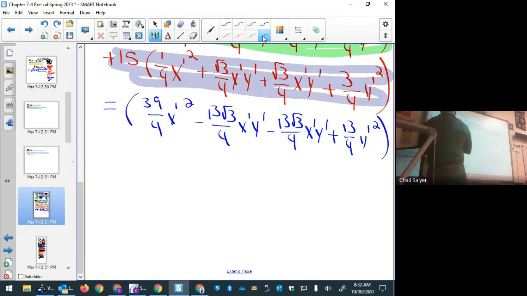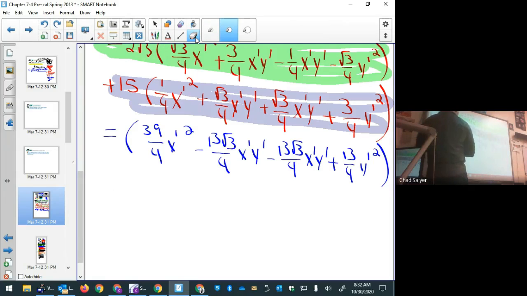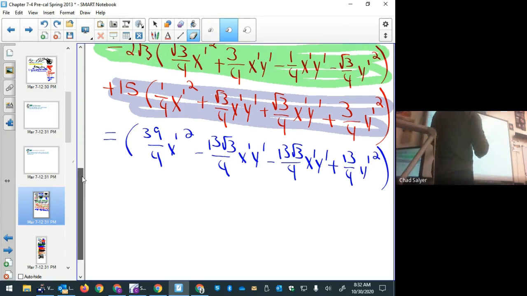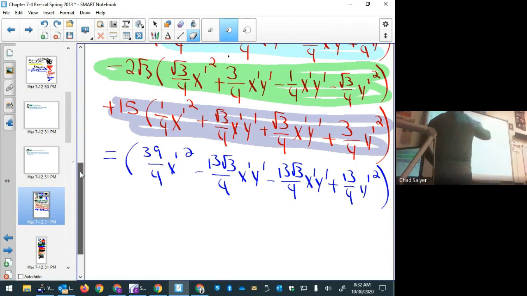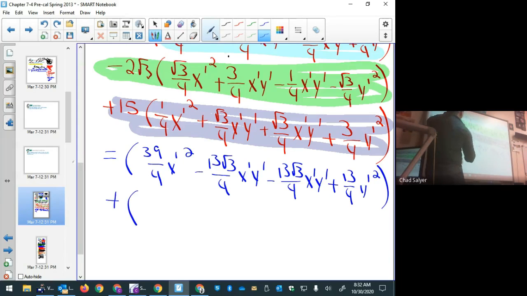And then minus, well, I'll tell you what, let's distribute the minus sign along with the 2 on the square root of 3. So I'll make it a plus, because I'm distributing that minus sign. Just make our lives easier. So that's 2 on the square root of 3 times the square root of 3. Minus 2 on the square root of 3 times the square root of 3 is minus 2 times 3, or minus 6/4.